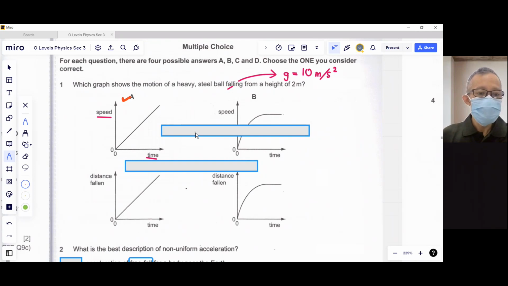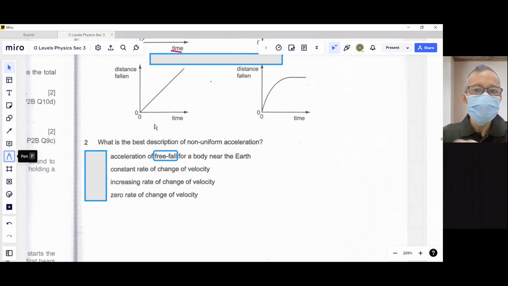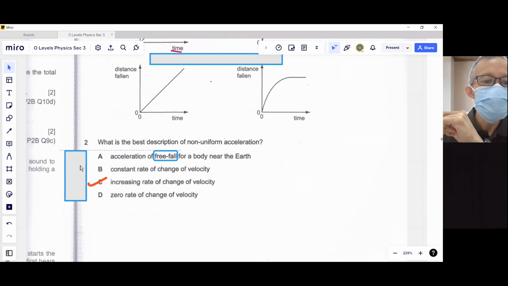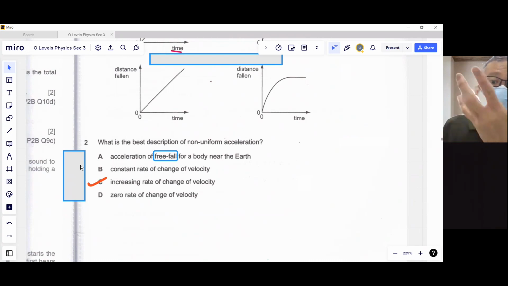Okay, Devan, make sure you don't get it wrong. Number 2, what is the best description of non-uniform acceleration, Devan? Non-uniform. When you free fall it is constant, right? So increasing rate of change of... okay, should be C. That means your velocity is increasing, but the rate of its increase is also changing.